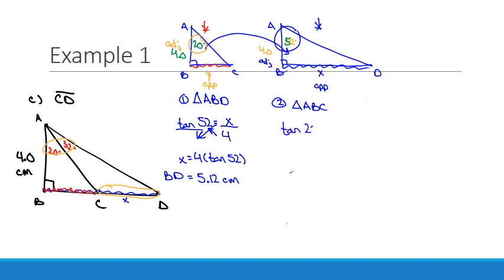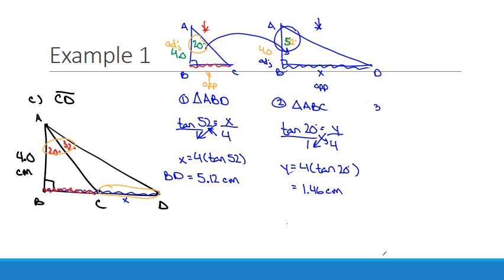So tan of 20 degrees. The opposite is Y. The adjacent is 4. Again, variable on top. That's great. That means it's the shorter one, so that's just kind of nice. 4 times tan 20. All right, and then 4 times tan 20 ends up being 1.46 centimeters.